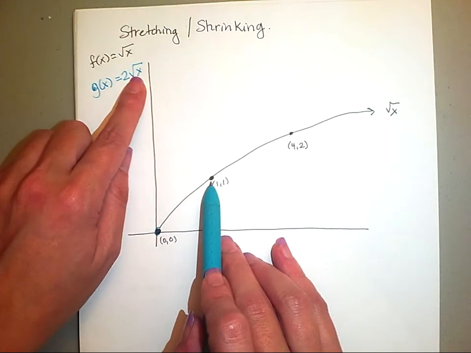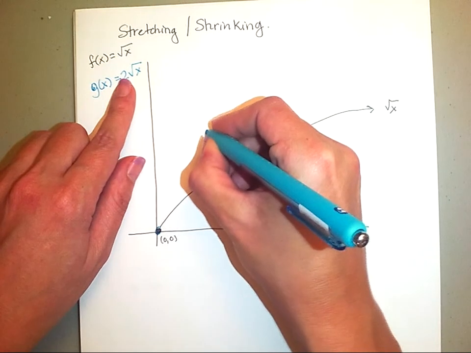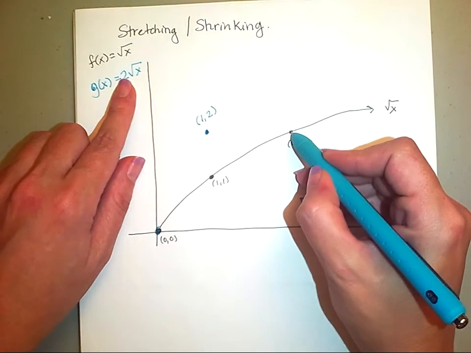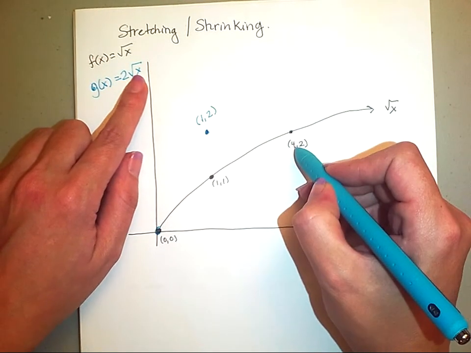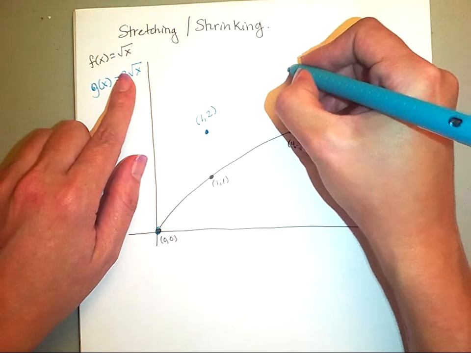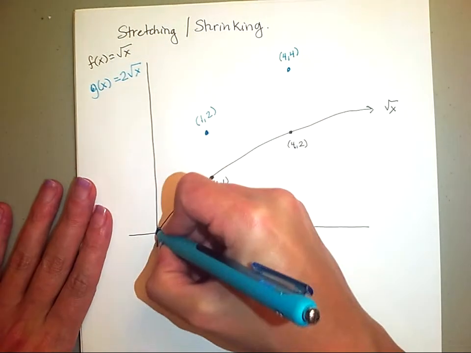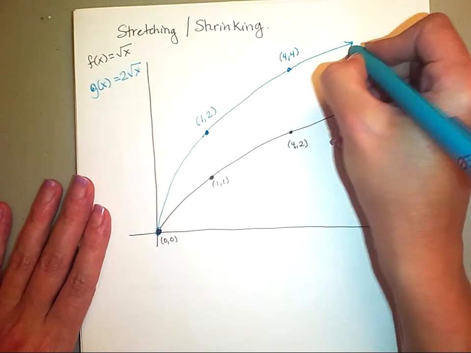At 1, we'd have the square root of 1 times 2, which is 2. So we'd have 1, comma 2. At 4, we have the square root of 4, which is 2, times 2, which is 4. So now the graph looks like this.